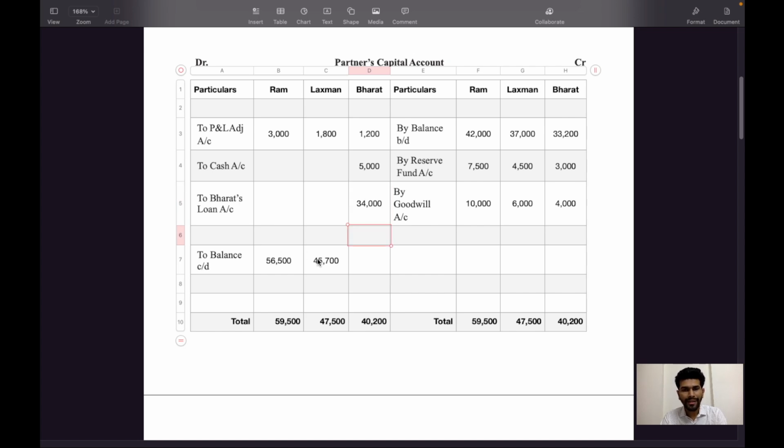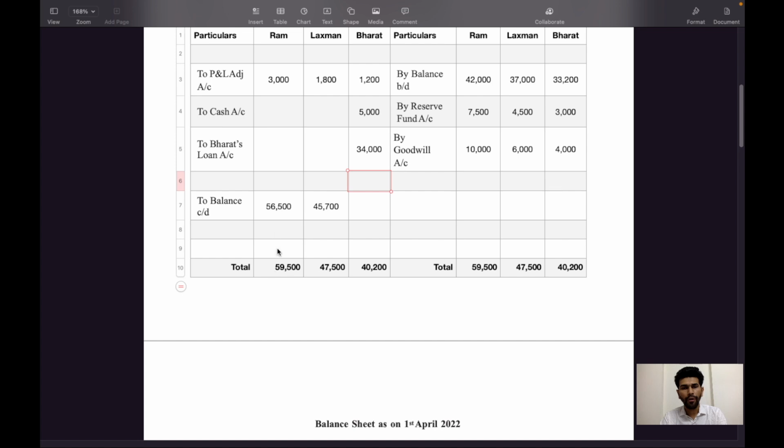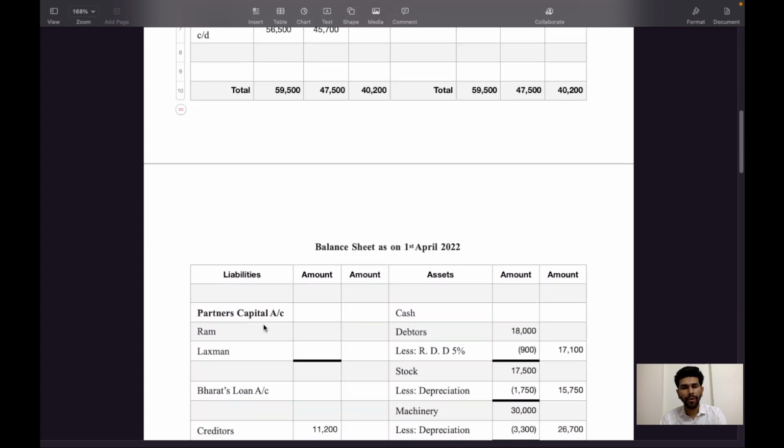So this balancing figure, the closing balance of the partners' capital account, the balance carried down of 56,500 of Mr. Ram and 45,700 for Lakshman, will come on the liability side.